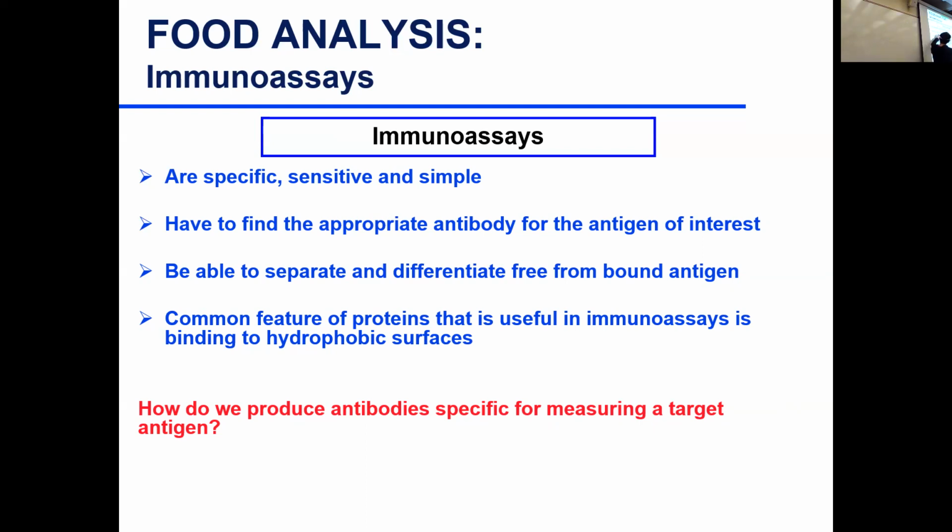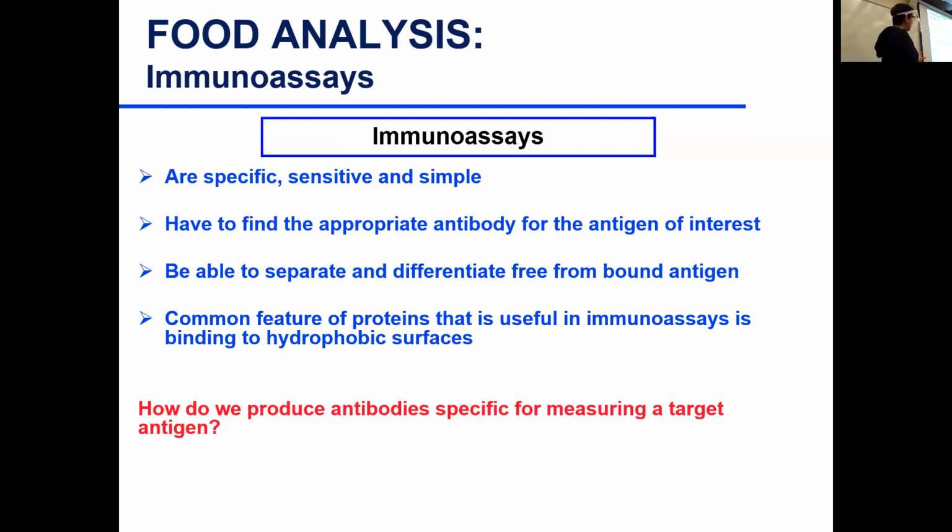For the immunoassay to work, we need the correct antibody, the proper antibody for the antigen of interest. So if we're looking at an allergen, we need a specific antibody for that allergen, whether it's soy, peanut, egg, whatever it is.